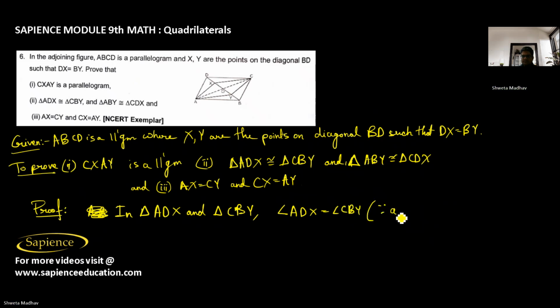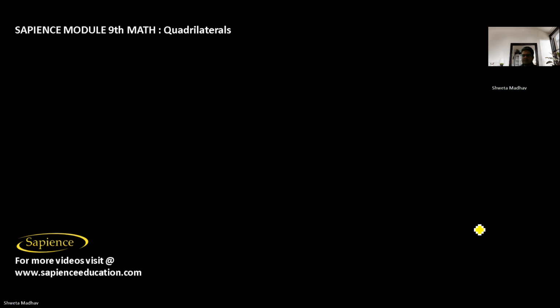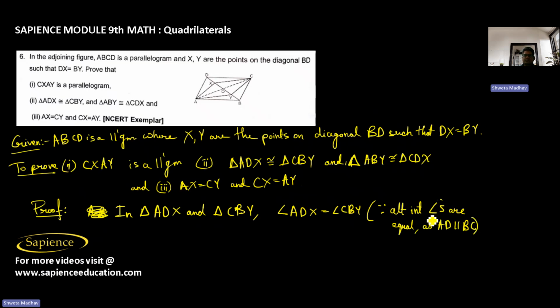Why? Since alternate interior angles are equal, as AD is parallel to BC, since ABCD is a parallelogram.